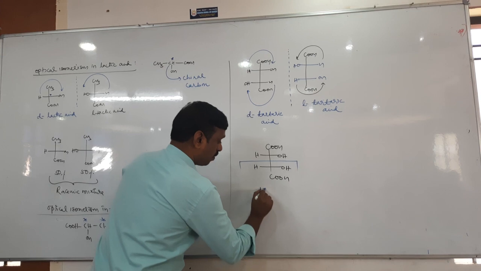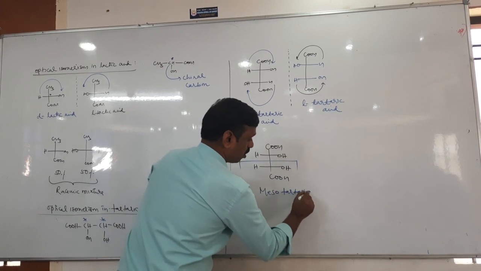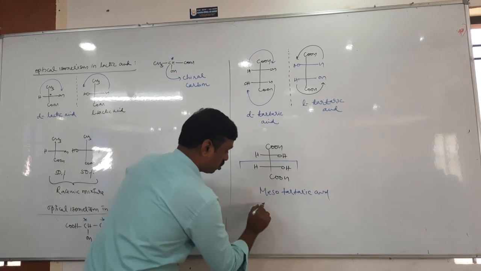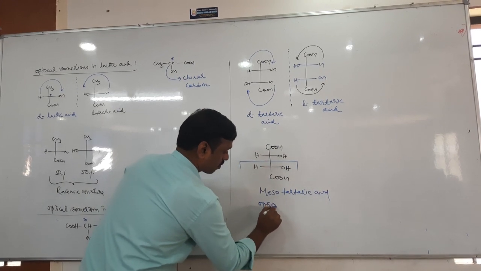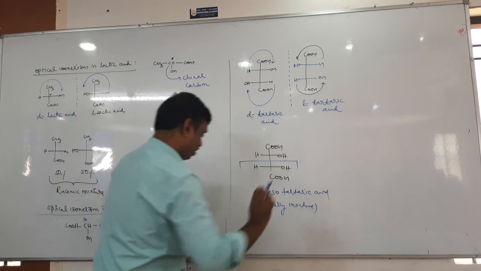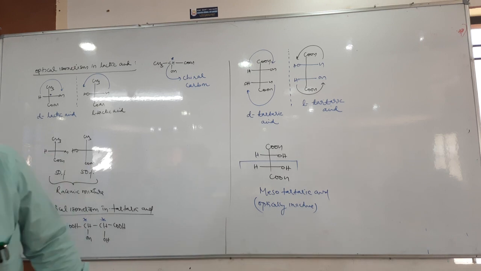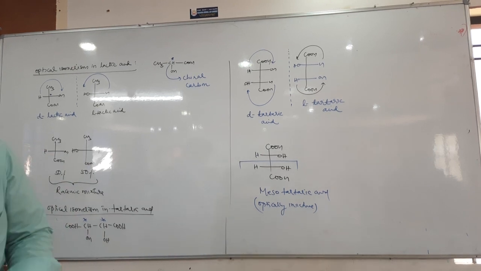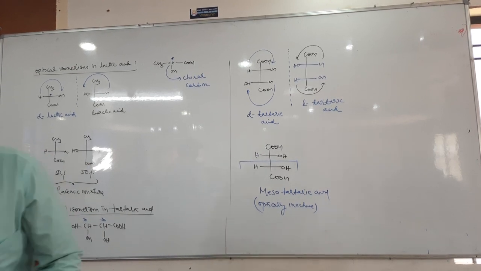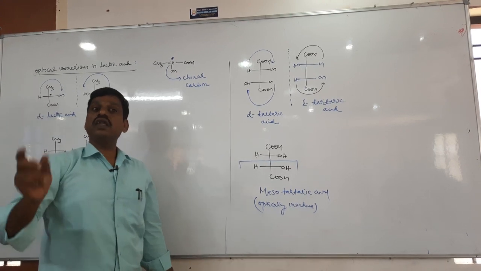Therefore, this is called meso compound, meso tartaric acid, which is optically inactive. Now tell me, there is one important term. It is optically inactive due to what? It is optically inactive due to plane of symmetry, which is also called internal compensation.